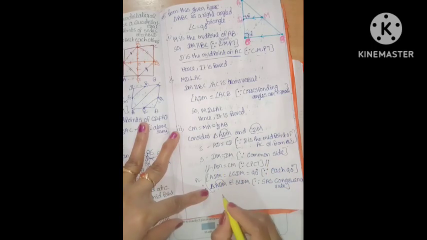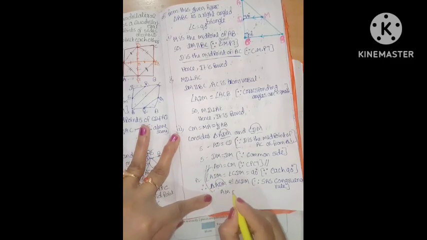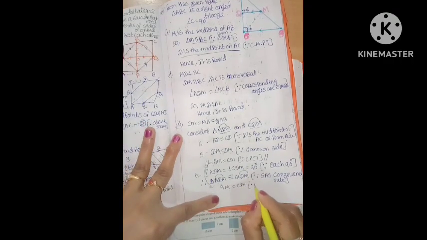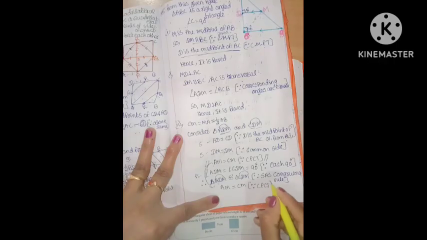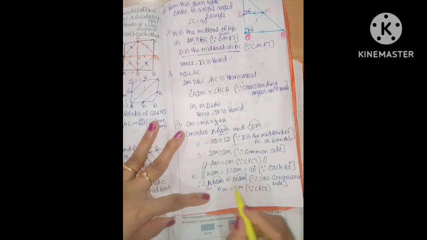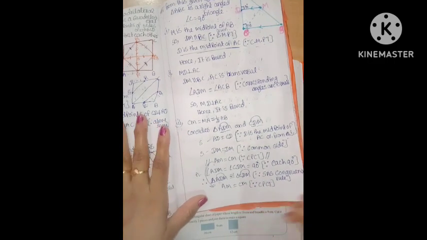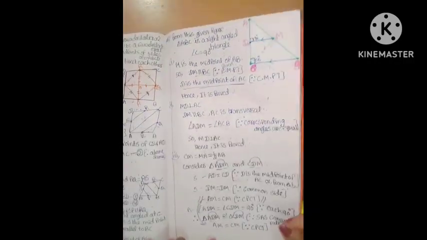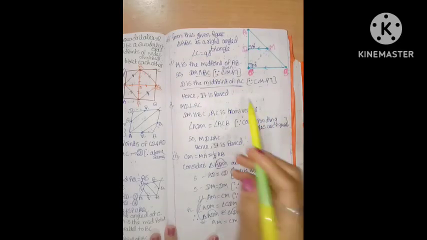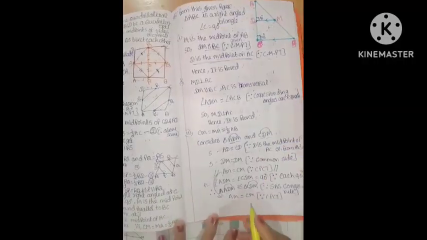And next, the last third side. This step you write here: AM is equal to CM. Why is it equal? Since CPCT. Whenever two triangles are congruent, all the corresponding parts are equal. So AM is equal to CM, both sides are equal.